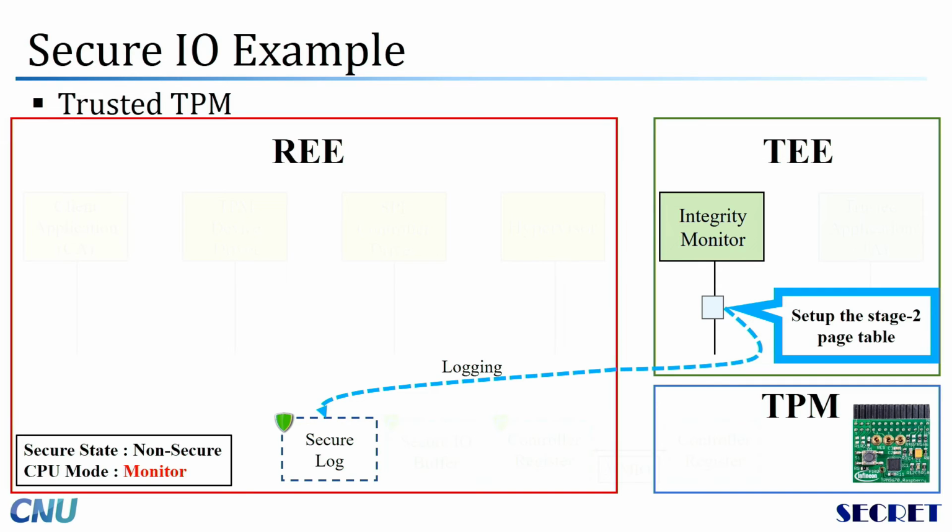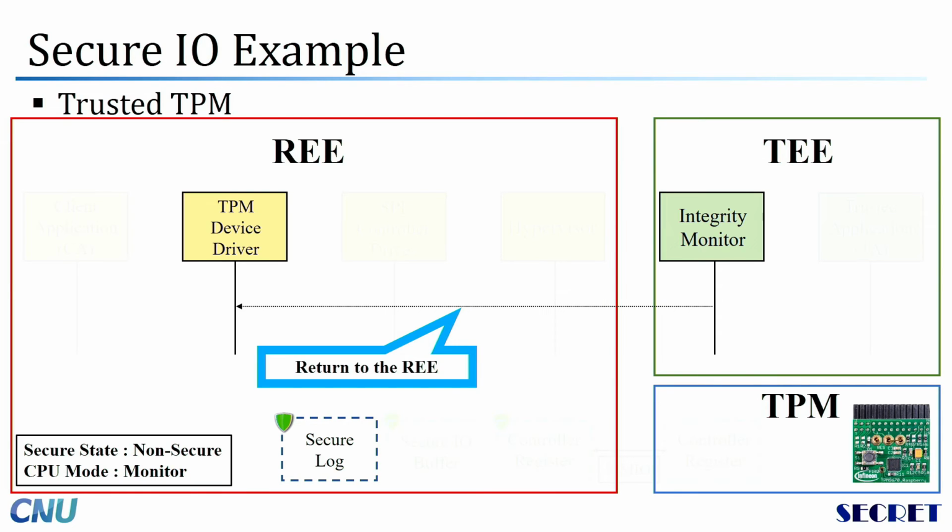The integrity monitor updates the stage 2 page table to remove the mapping to the TPM MMR region from the OS. Thus, the untrusted OS cannot read or write the TPM. In addition, the integrity monitor updates the secure log with the shielding operation. After that, it returns back to the TPM device driver.